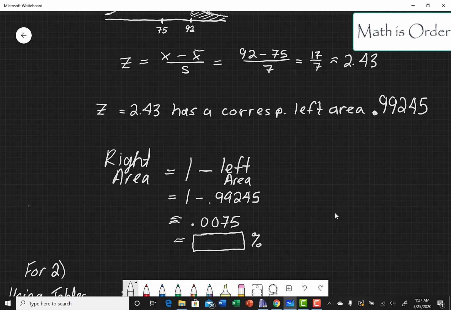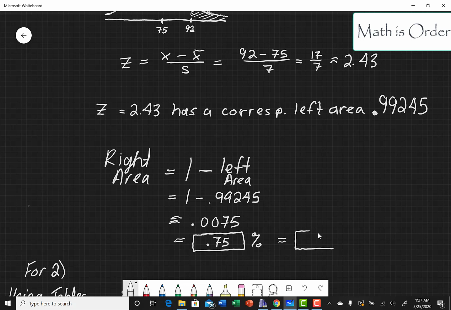To find this value as a percentage, all you do is multiply it by 100 or move the decimal 2 places to the right. So as a percentage, this becomes 0.75.